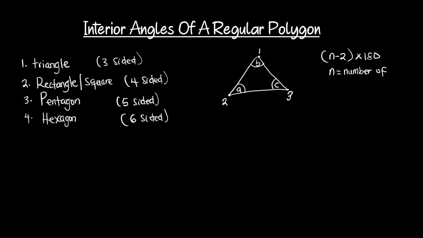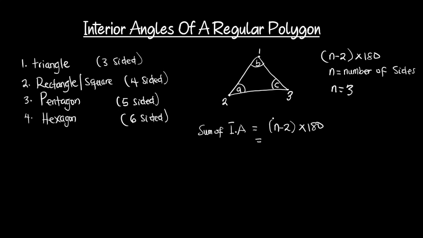Number of sides of this particular polygon. So in the case of this triangle, we have three sides, so n is equal to 3. So for us to find the sum of interior angles, let me make it sum of IA, sum of interior angles, this will be equal to n minus 2 multiplied by 180.